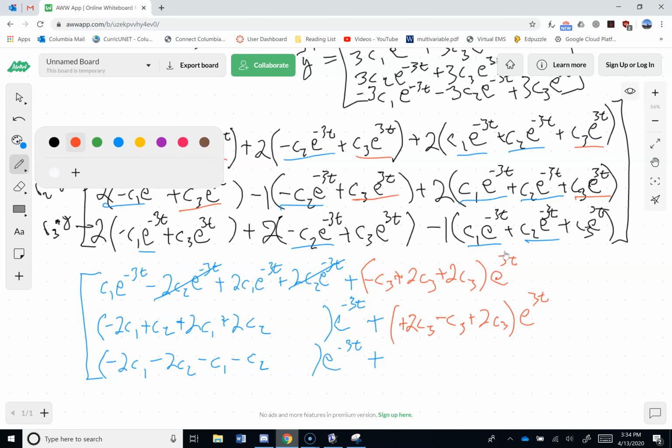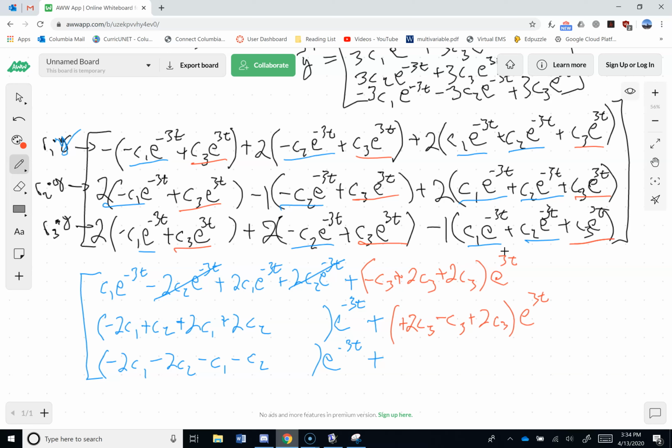And then for the regular e to the 3t's, I have 2c3 plus 2c3 minus c3, e to the 3t.